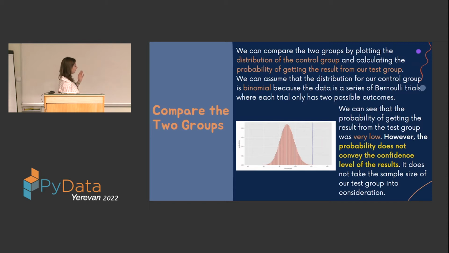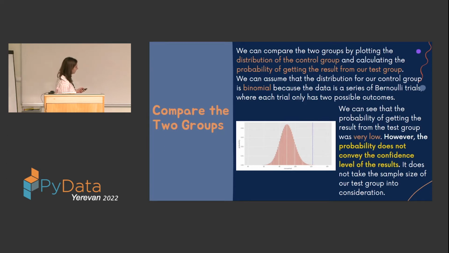If we get the distribution of our control group, which you can see in this red histogram, we can conclude that our distribution is binomial because it's like a coin flip: either there is a conversion or there isn't. That's why it's a binomial distribution.